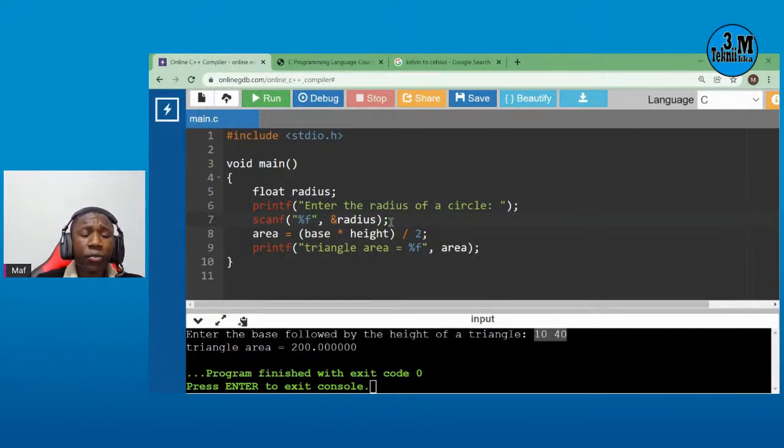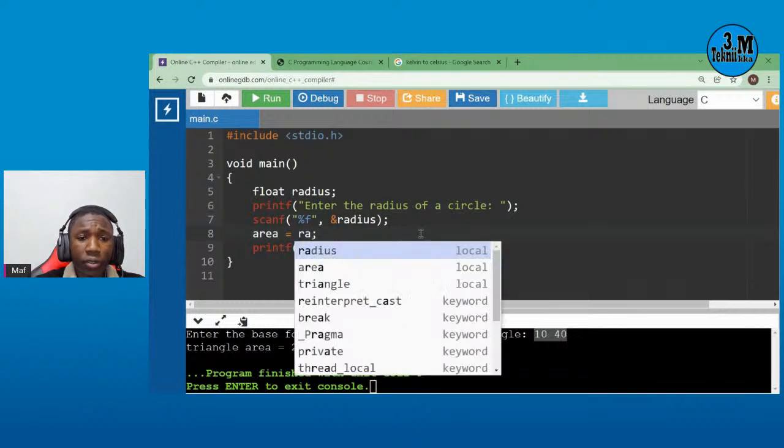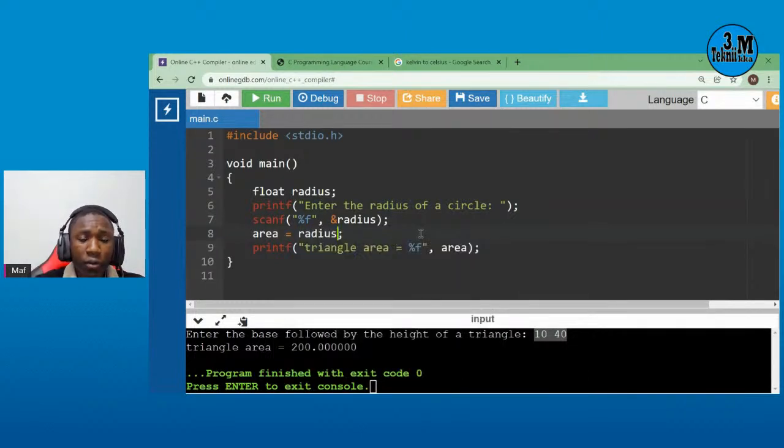And with the radius, we can calculate the area something like this. You have radius times radius. This is something like the power of radius by 2, okay?